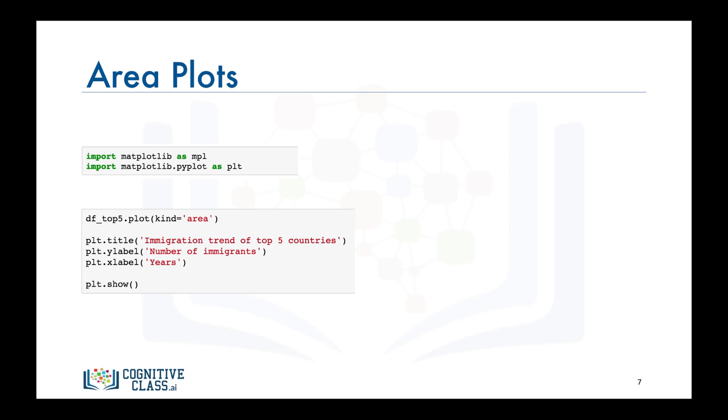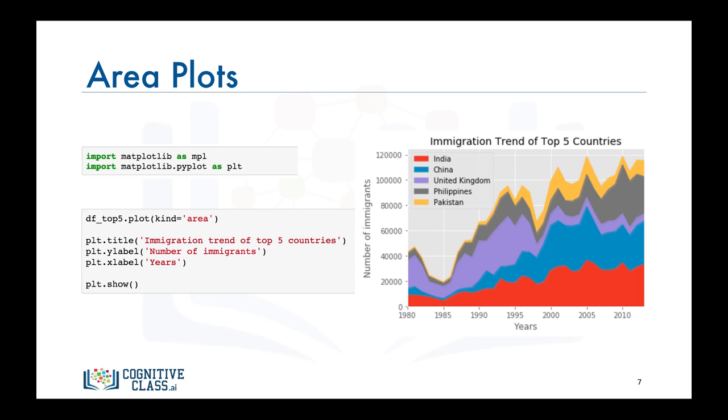Then to complete the figure, we give it a title and we label its axes. Finally, we call the show function to display the figure. Note that here we're generating the area plot using the inline backend. And there you have it, an area plot that depicts the immigration trend of the 5 countries with the highest immigration to Canada from 1980 to 2013.